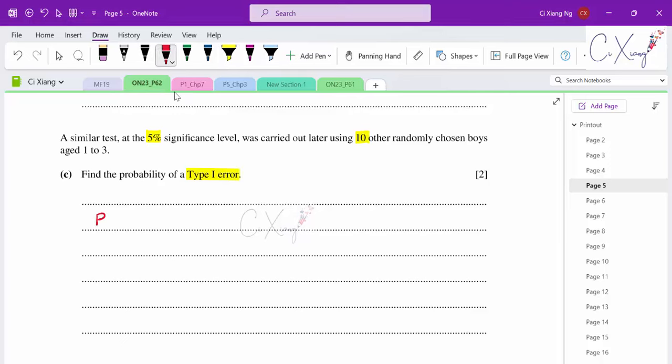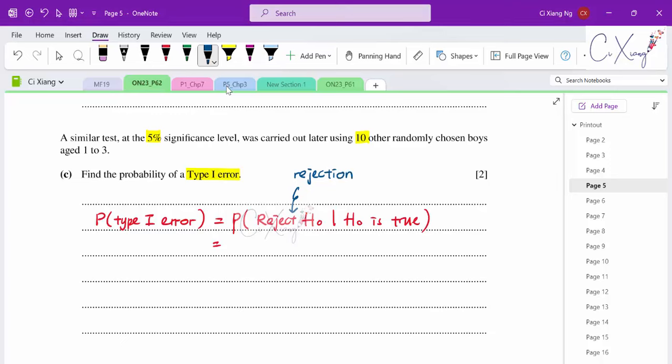So again, to find the type 1 error, the definition is reject the null hypothesis when the null hypothesis is true. So to find the probability for type 1 error, for the part about rejecting the null hypothesis, we need to know what the rejection region is.